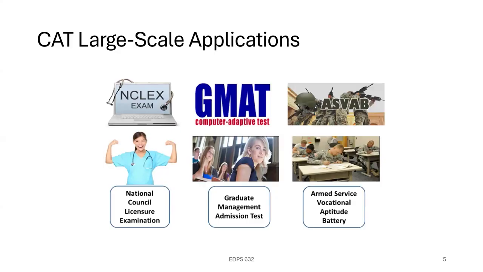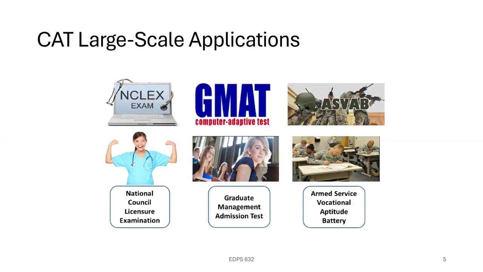Well, let's discuss current applications. This is not about the future. Now, we already have so many exams using computerized adaptive testing. Everyone knows the GRE, and the GMAT, the Graduate Management Admission Test. These tests are already in computerized adaptive testing format.